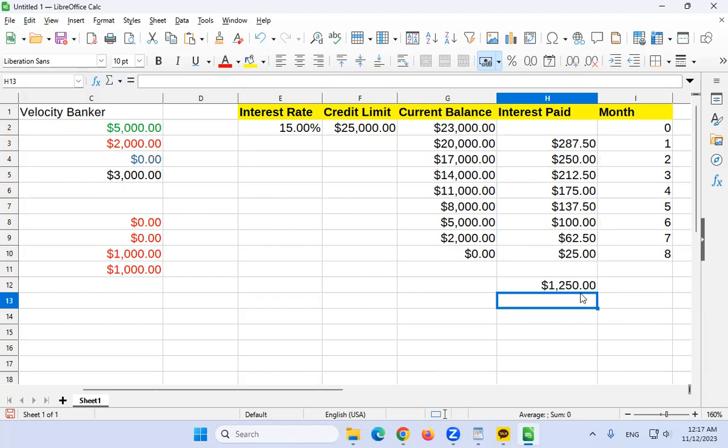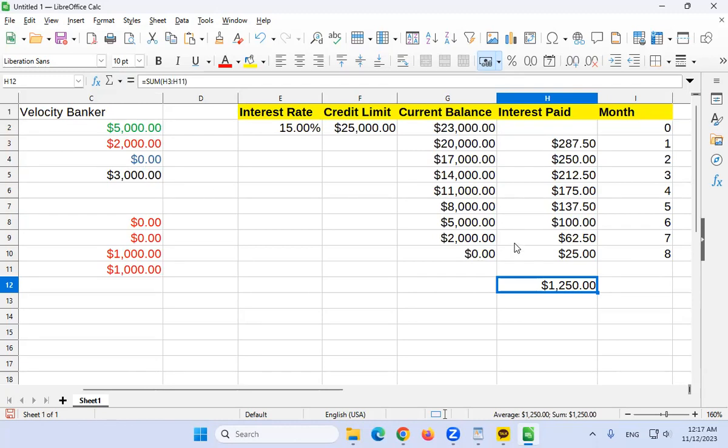Okay. So now let's go ahead and sum this up. And we're going to pay about $1,250 in interest and pay it off in about 8 months, right? And here's the thing, if we add this to here at the end, again, our cash flow is 3,000.